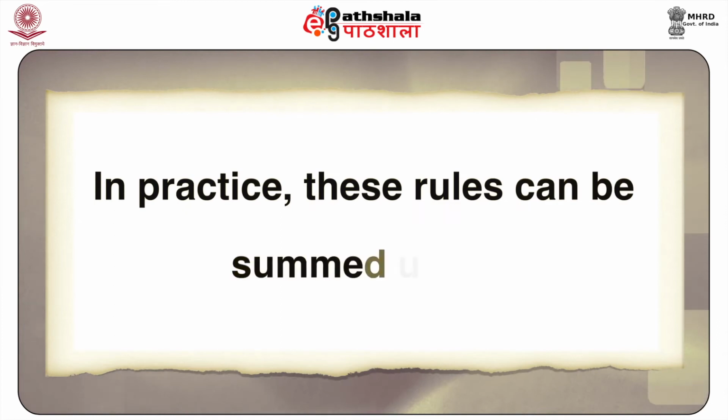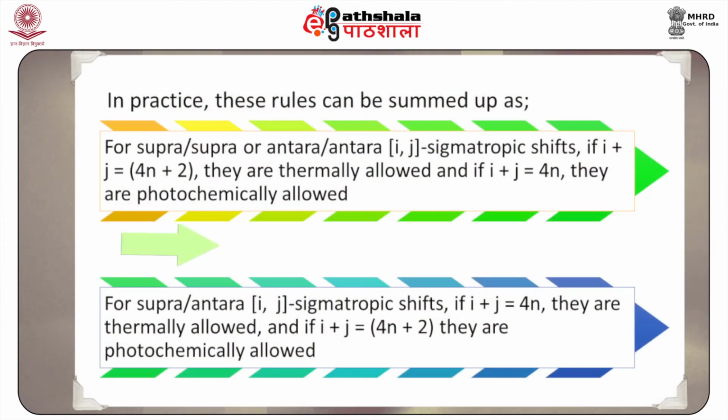In practice, these rules can be summed up as follows. For supra-supra or antara-antara i plus j sigmatropic shifts, if i plus j is equal to 4n plus 2, they are thermally allowed, and if i plus j is equal to 4n, they are photochemically allowed.